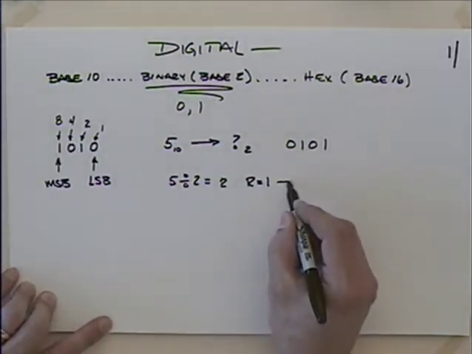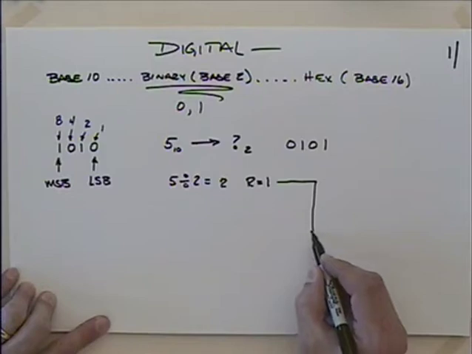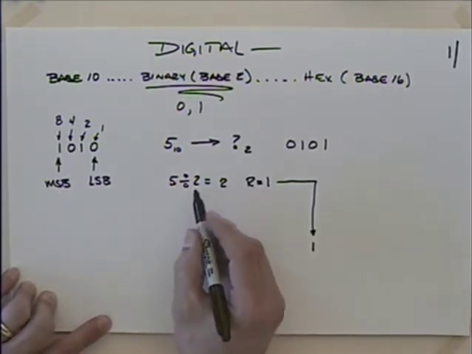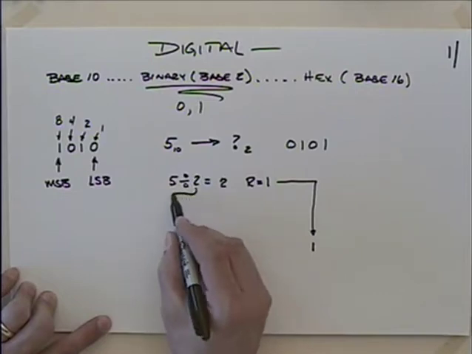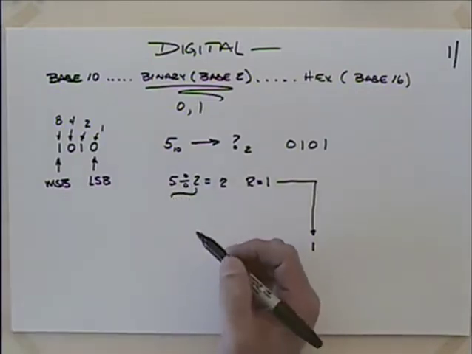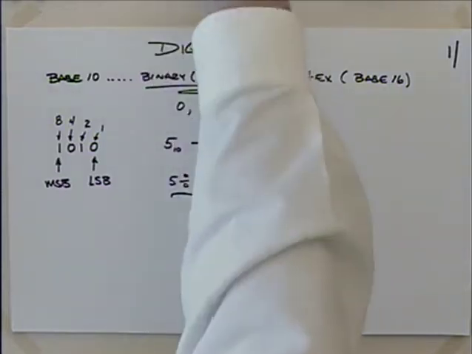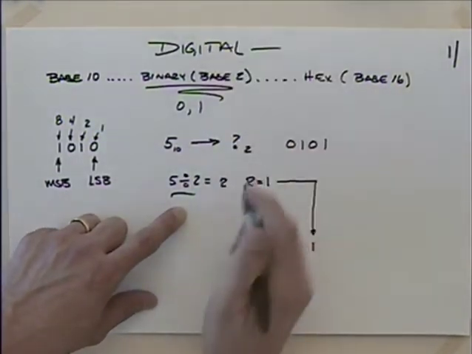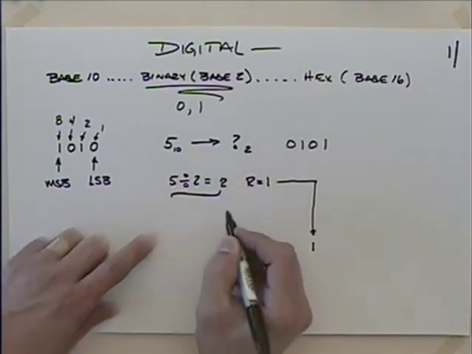And what we're going to do is bring that over to the least significant. So we'll put that 1 right there. And then I'm going to take this 2 here and bring that down. This is not that great of an example with that. There we go. This 2. Bring that down.